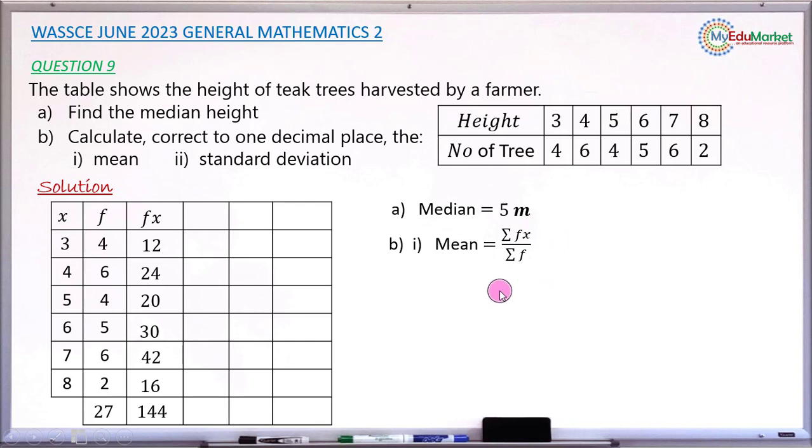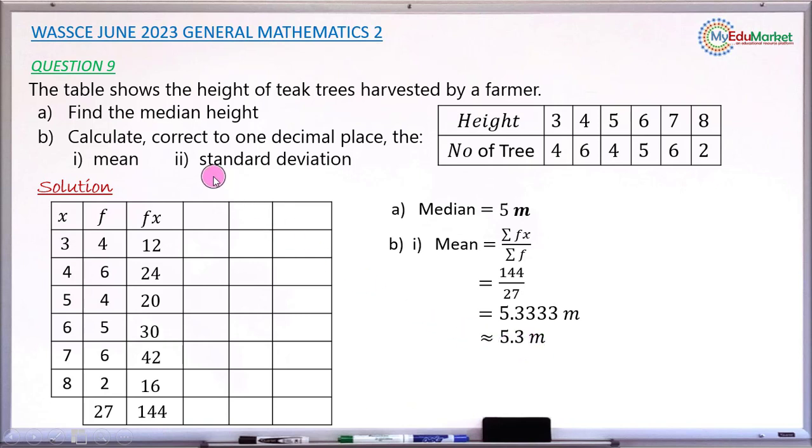So the mean is equal to 144 divided by 27. 27 is summation f, which I already have here. Dividing 144 by 27 correctly, you now have 5.333 meters. But the question asked to give our answer correct to 1 decimal place. So this answer will be rounded to 1 decimal place. If that is done correctly, you have 5.3 meters. This is now the mean.